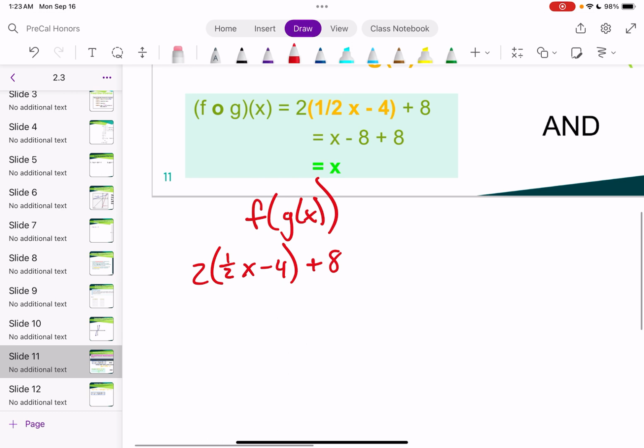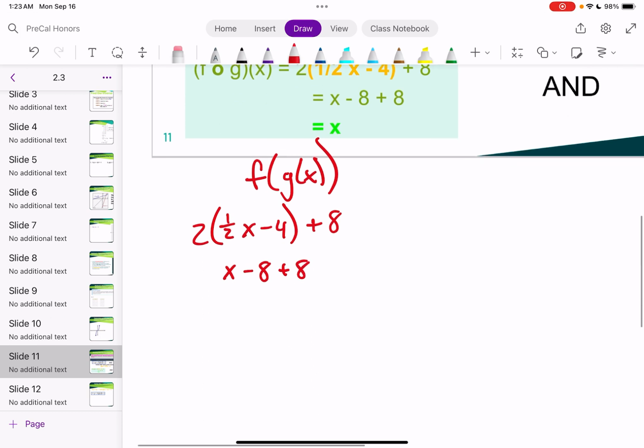We distribute the 2, which means x minus 8 plus 8. Notice in this case, our plus 8 and minus 8 cancel out. Our final answer on our left side for f of g of x is going to be x.